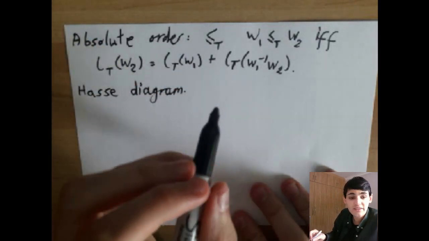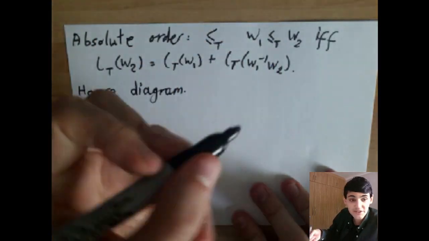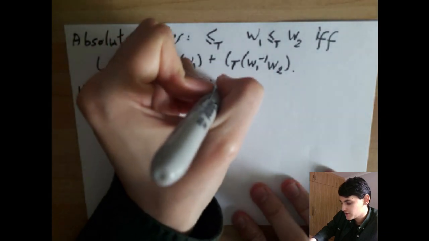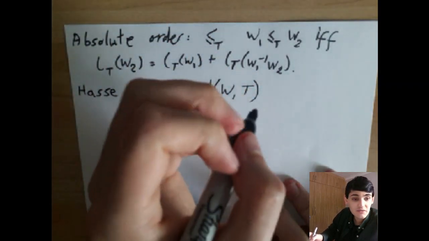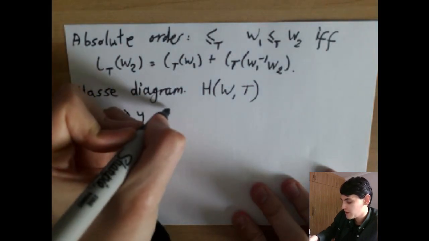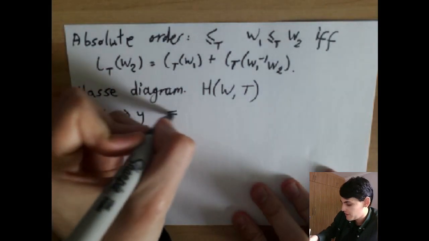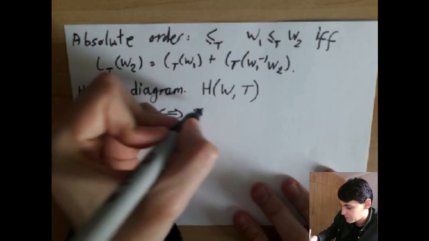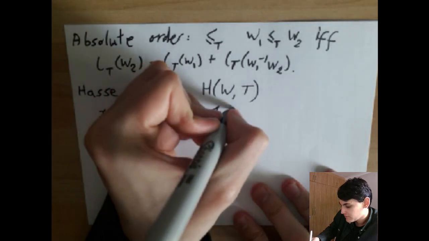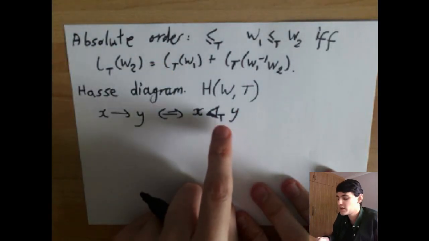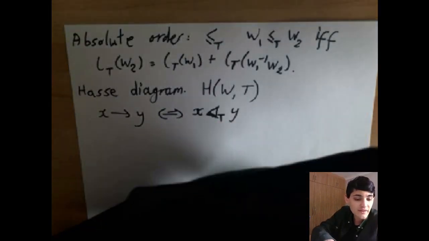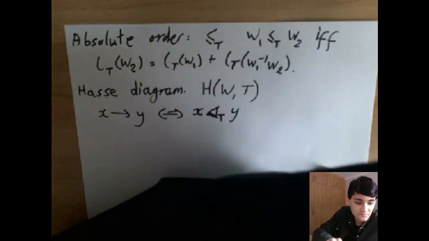The Hasse diagram is a directed graph H(W,T), where connections are shown if and only if x is covered by y in the absolute sense.